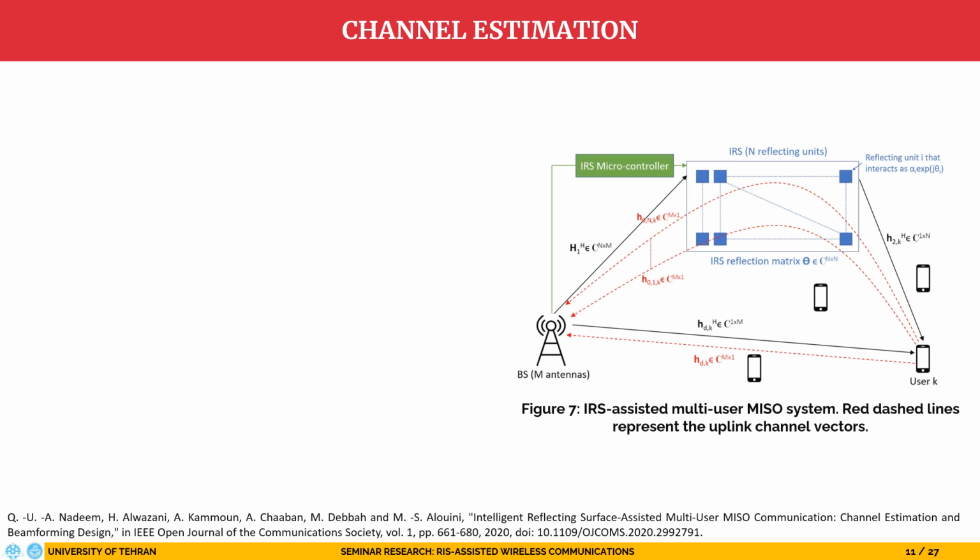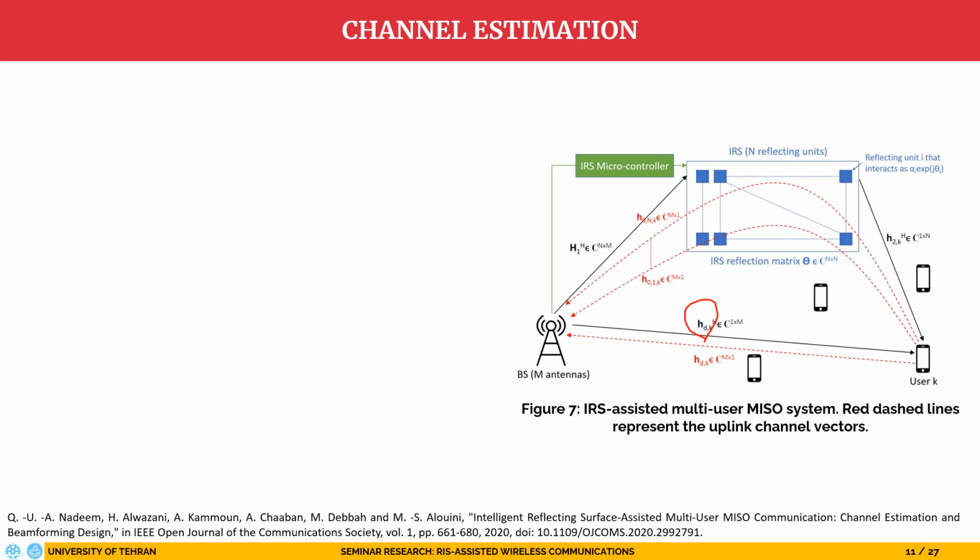Okay, for channel estimation, the most basic technique is the on-off method. The on-off method is a technique in which, in each period of time, just one element of the IRS is on and the other elements are off. At first all of the elements of the RIS are off, and H_DK, the direct channel between the base station and user K, is to be estimated.